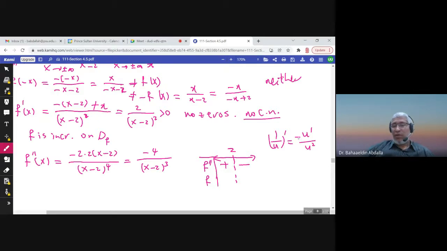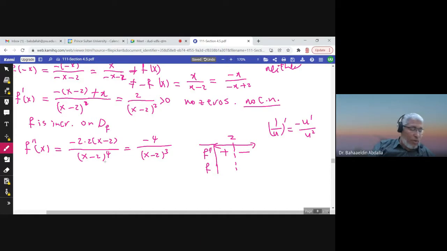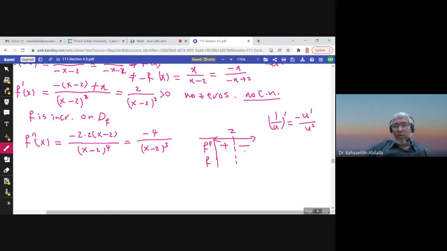But here, why is it negative? Sorry, the derivative of 1 over u is negative 1 over u squared times the derivative. That's correct. Good. So x minus 2 to the power 4 and negative 2, that's correct. So f double prime is negative.